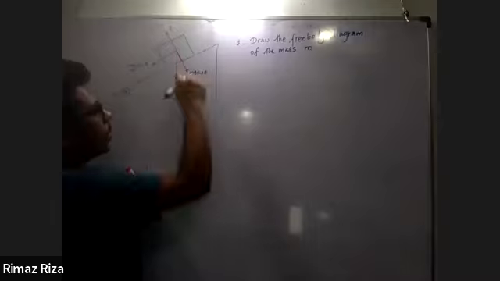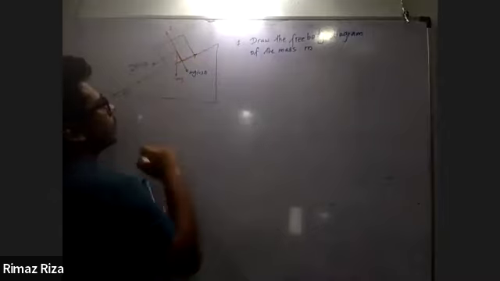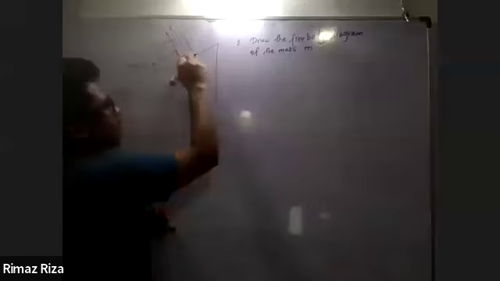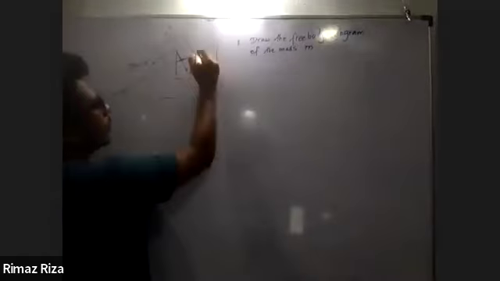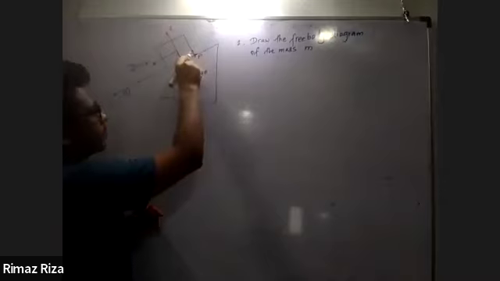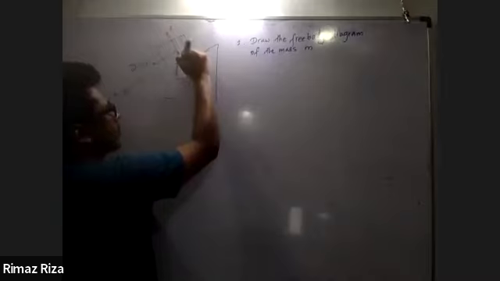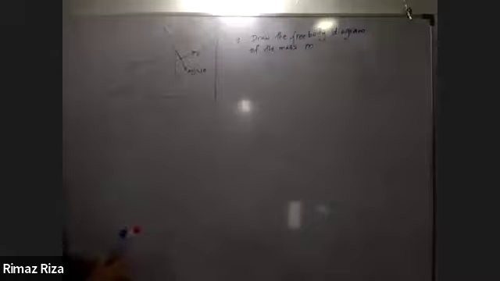Therefore, an equal and opposite friction force will be there acting on the mass. So here it will be in this direction, F. F will be here. Okay, so this is the free body diagram.